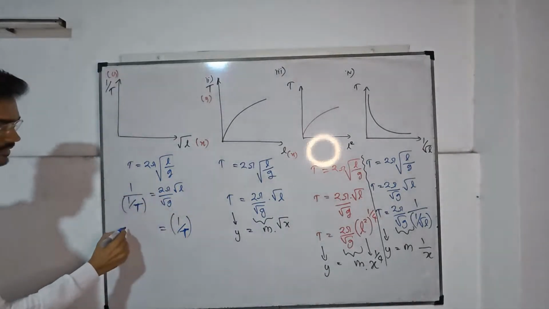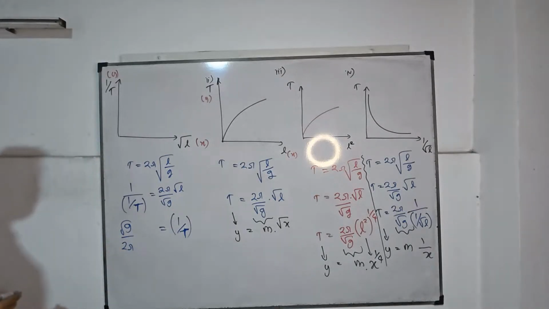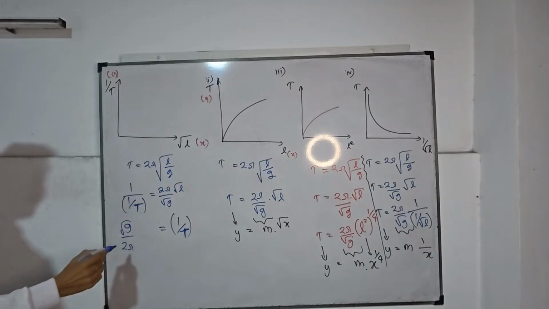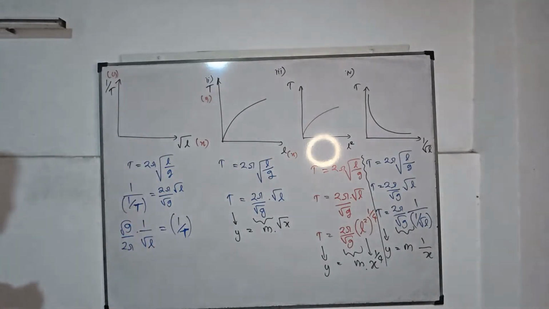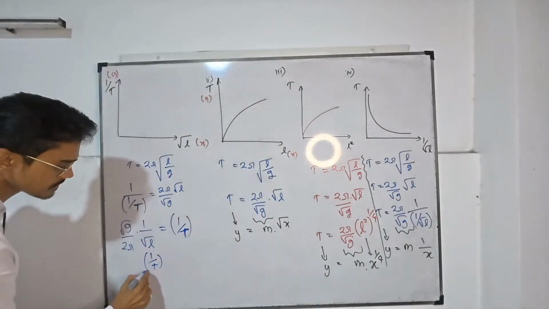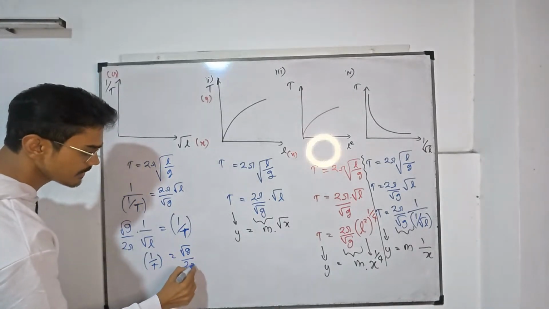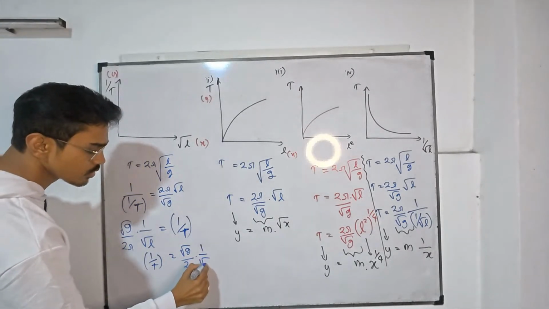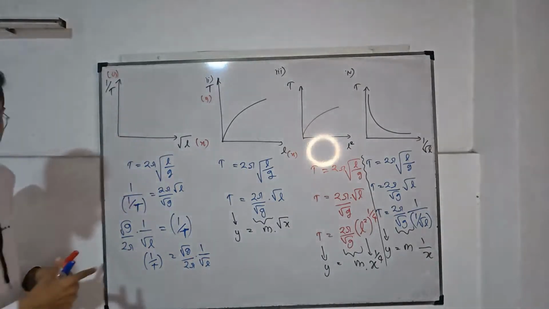And here, you will get root g over 25, and 1 over root L. I'm going to change the sides. 1 over t equals root g over 25 times 1 over root L. Okay. Now, the required terms are included.